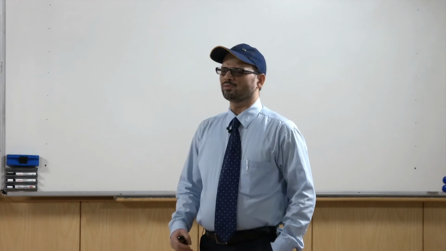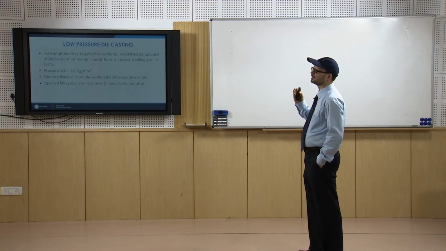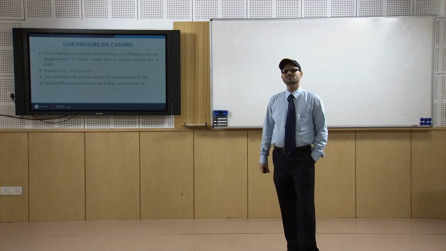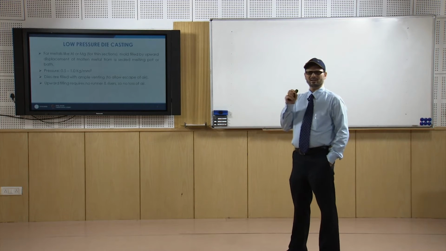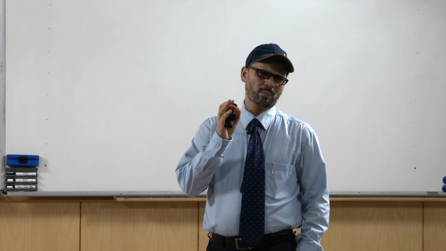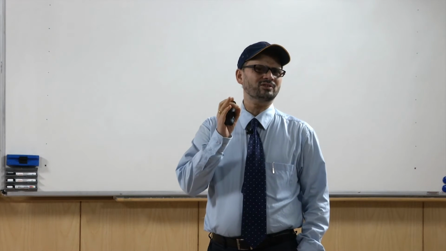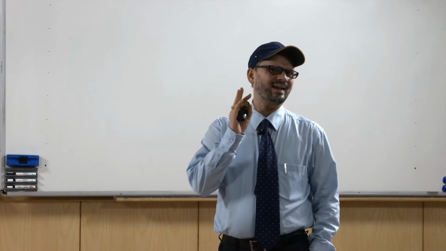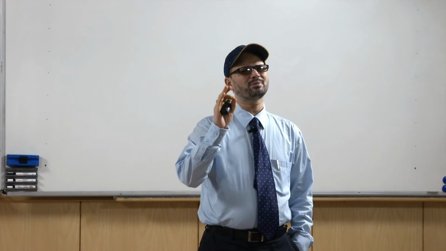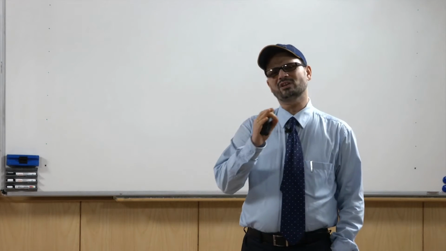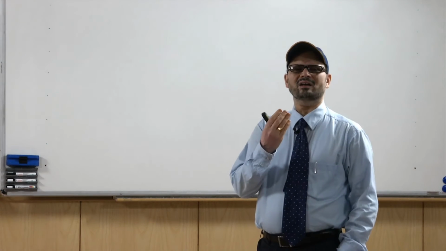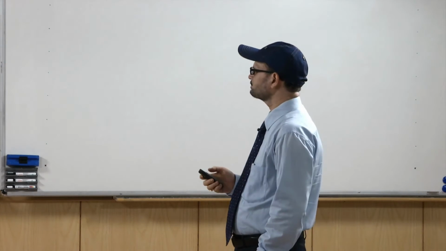So, what is this low pressure die casting required for? Now, what we have seen is that in the case of die casting, the metal is subjected to the die cavity under a large amount of pressure, and that pressure is held for a certain duration to ensure that solidification takes place under pressure, and then the pressure is released, the dies are separated and the cast product is taken out.